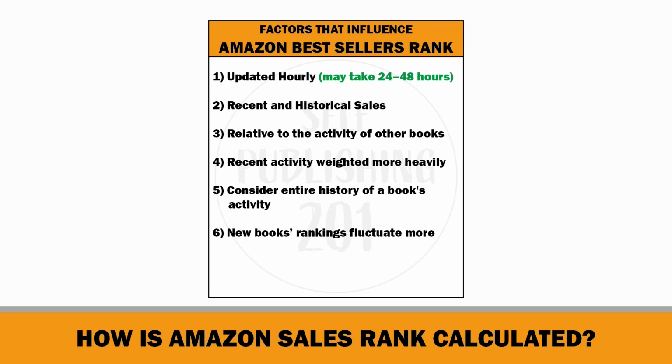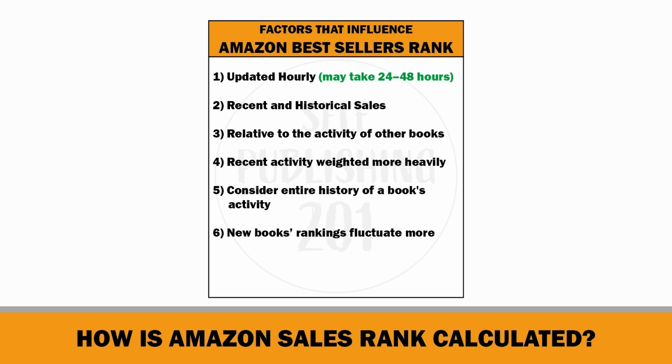If I make a summary, Amazon bestseller rankings are updated hourly but may take 24 to 48 hours to appear, and they are relative to the sales activity of other books in the same category. Rankings reflect recent and historical sales activity, with recent activity weighted more heavily.